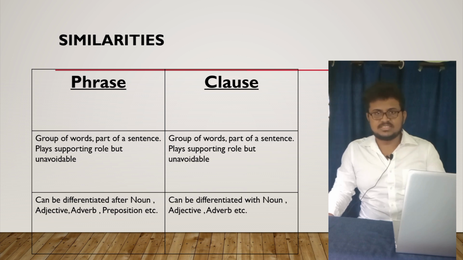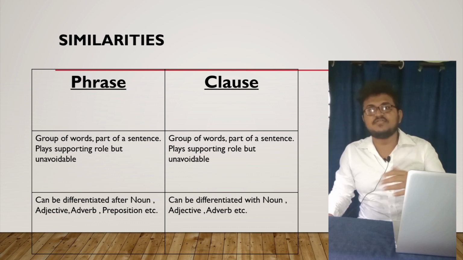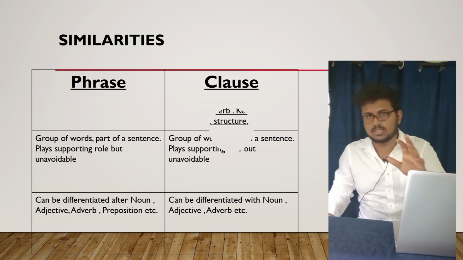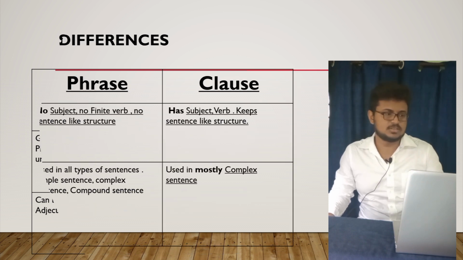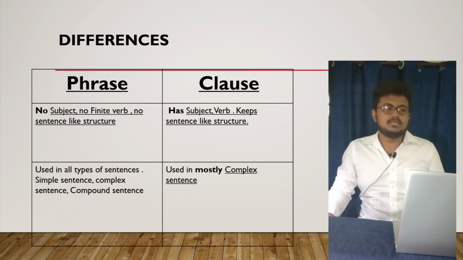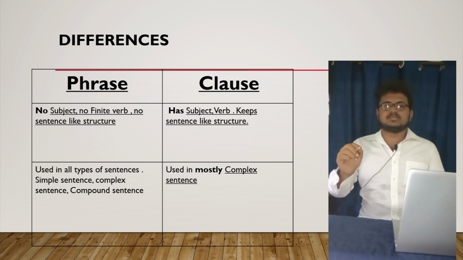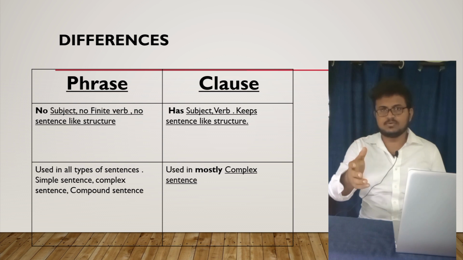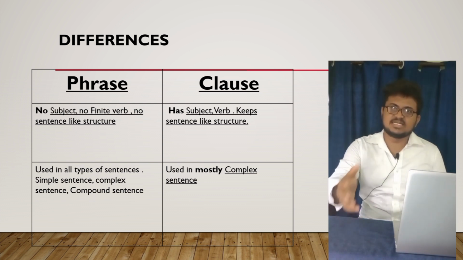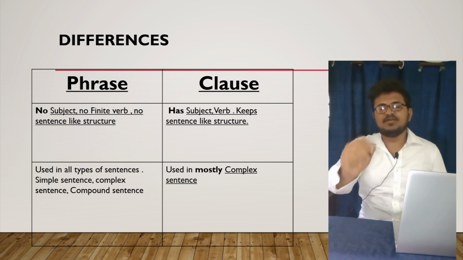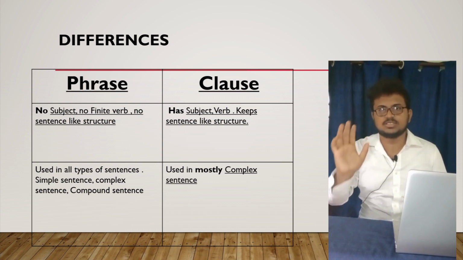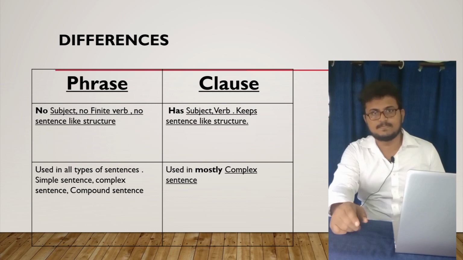So we have told you the similarities. Now we are going to the differences between phrase and clause. See, the main difference is what I said when I was discussing the definition: a phrase does not have a sentence-like structure, but a clause has.